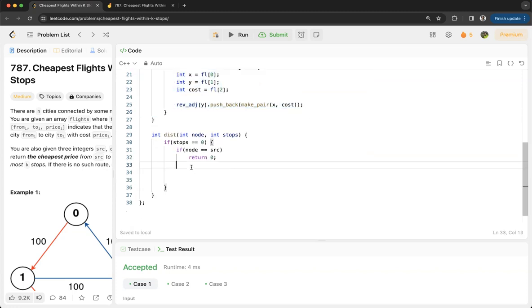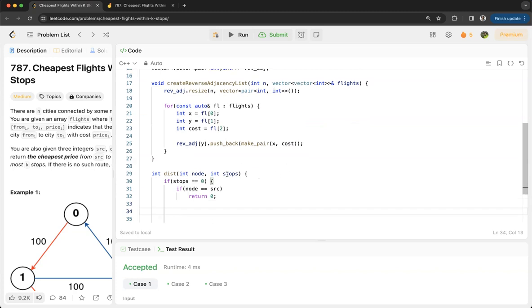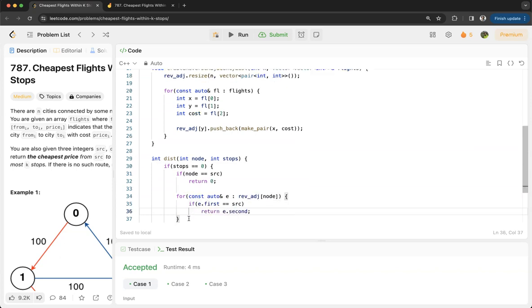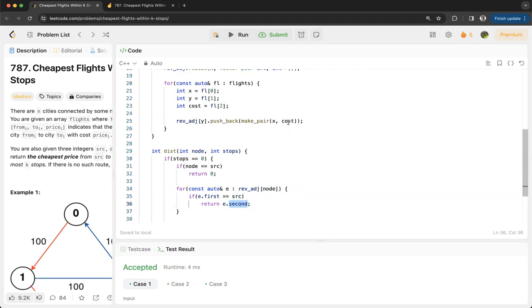Let's go here and do an iteration over the reverse adjacency list of node. So here we are checking if node has an SRC. That means if there is some direct edge from SRC to node, return e.second, which is the cost here. You see, the second is the cost, the first is the node.